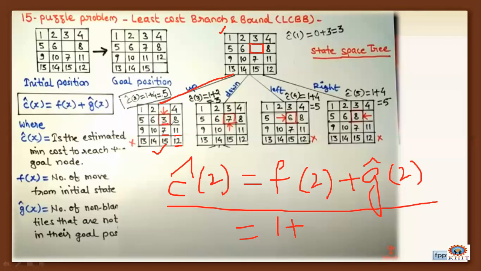Total number of changes is 1, 2, 3, 4, equal to 4. So 1 plus 4 is 5. The ranking function of C cap of 2 is 5.